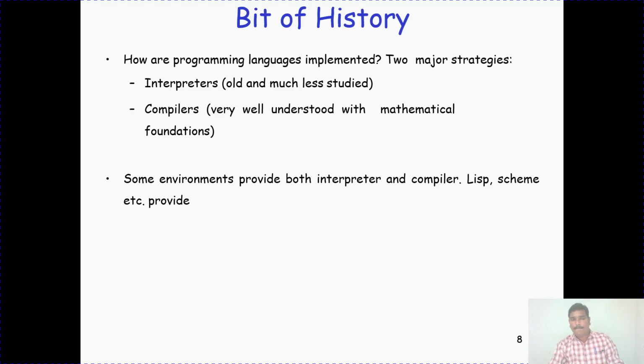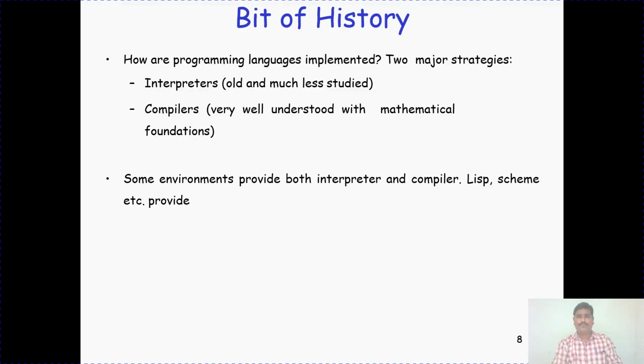But in a compiler, the whole program is executed at a time. The interpreter only executes statement by statement, while the compiler does whole program execution. That is the difference. These are software components: an interpreter is a software program, and a compiler is also a software program.